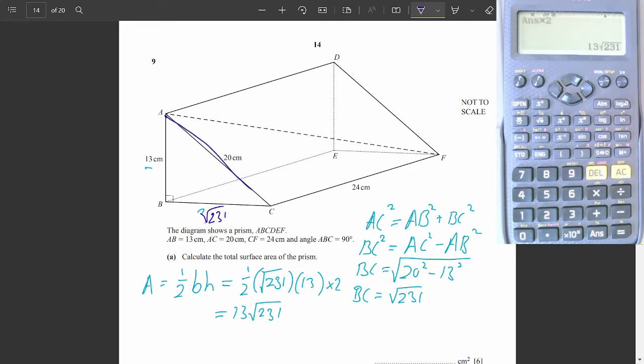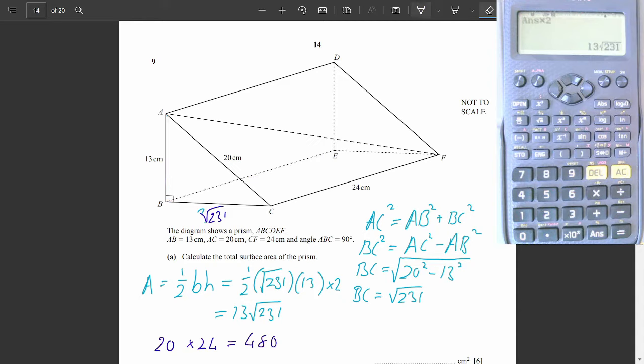Let's start with the slanted face over here, and that's a good 20 times 24. So 20 times 24 gives us 480. Next, I'm going to do the left face, the one over here.